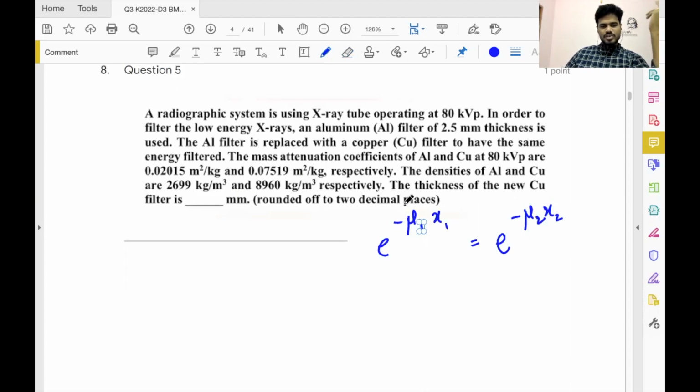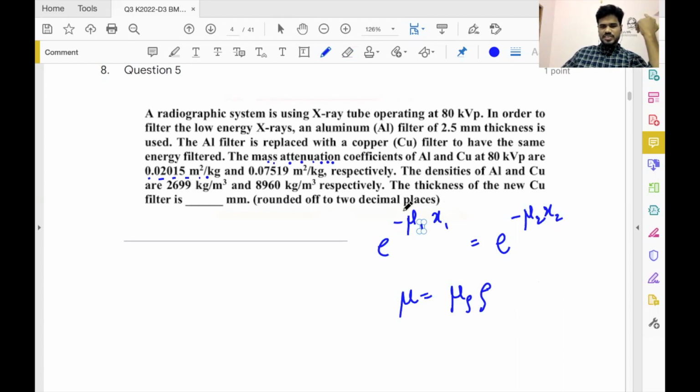And instead of attenuation, we have mass attenuation coefficients. That is attenuation per density. So we have attenuation coefficient is mu over rho, the mass attenuation coefficient is given here, times rho, density, and this will be in units of meters.